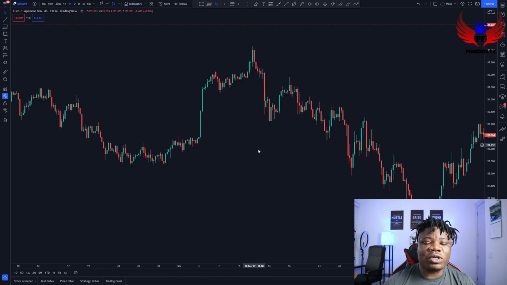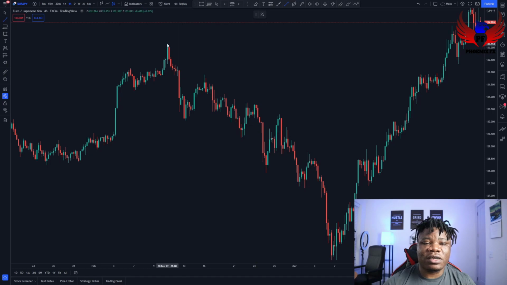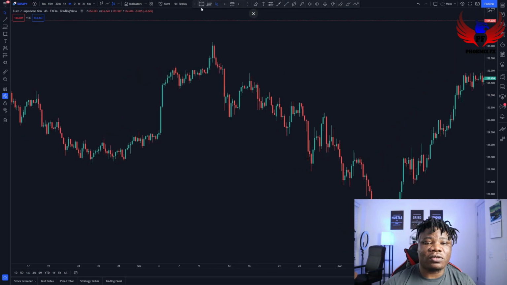So now what we need to look for is to identify the trend, and we can see that we're absolutely in a downtrend, looking at this trend line here. So now what we're going to do is look for our support and resistance zones. So we go here, we can see that we previously had a support here.